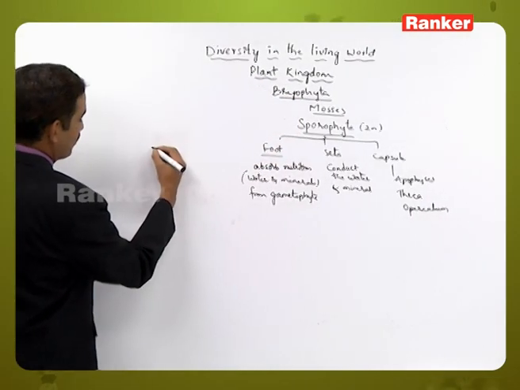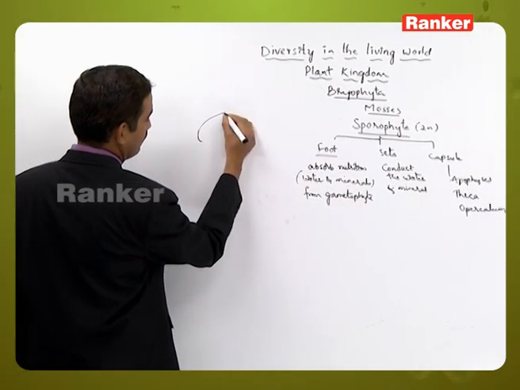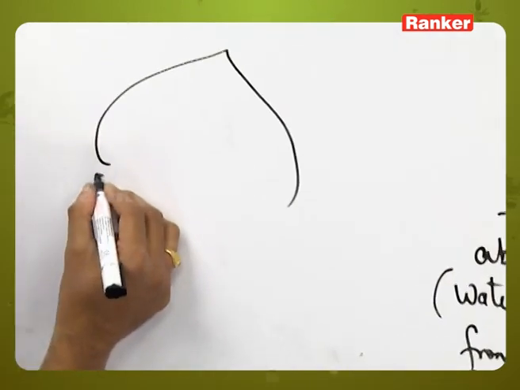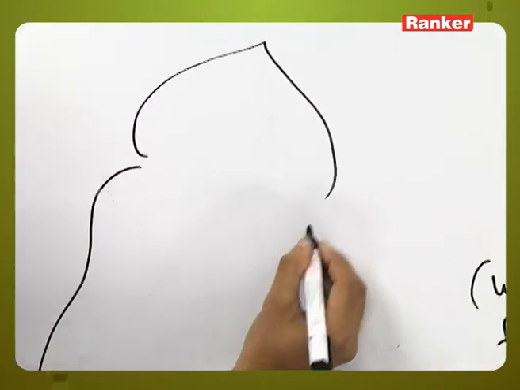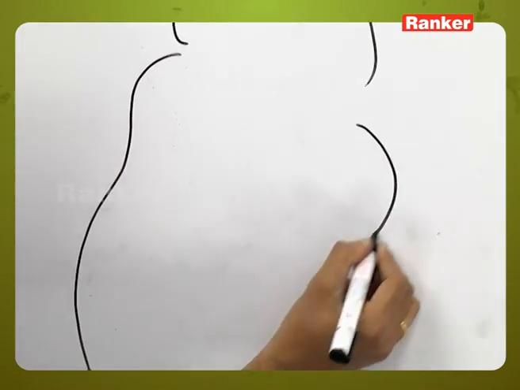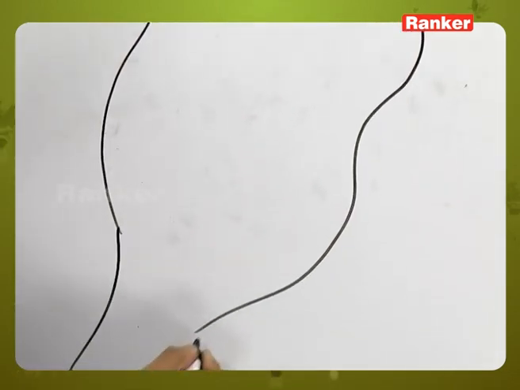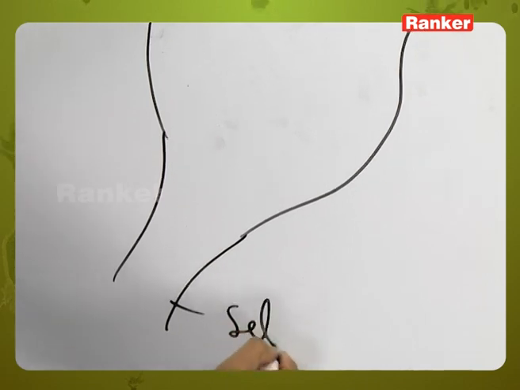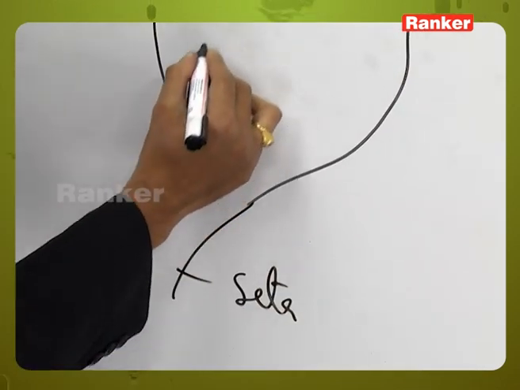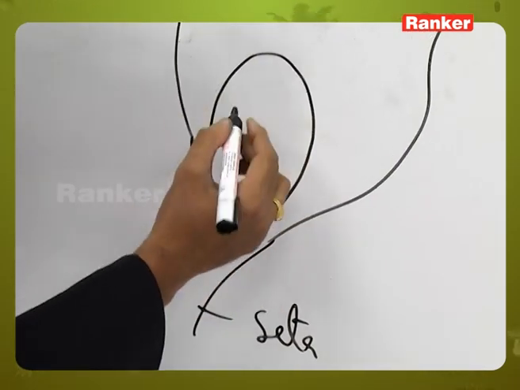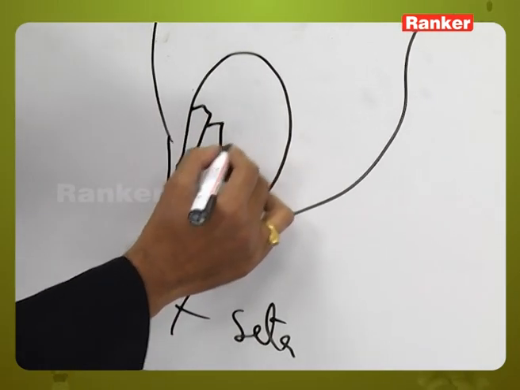Here if you observe the structure of the capsule along with its three parts, the lower part is called the apophysis. The seta is extended into this middle portion. This has vertically elongated cells.